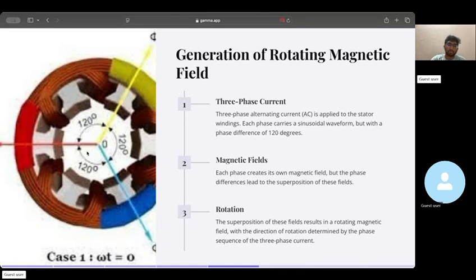There are three phases, and every time the rotor is moving and the magnetic field is rotating, if one of the phases is moving in a negative direction, another phase is moving in a positive direction, and the remaining phase might be in the neutral position and therefore might not have any current flow.